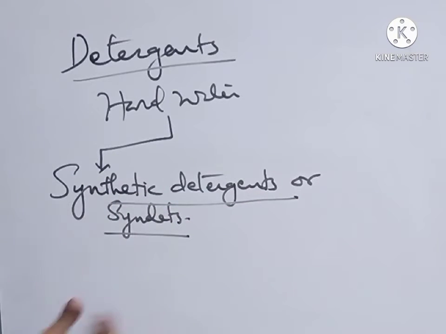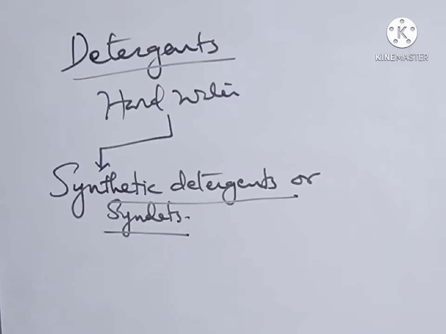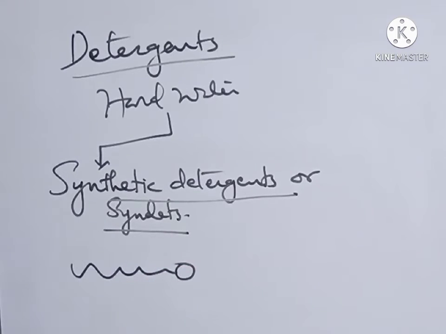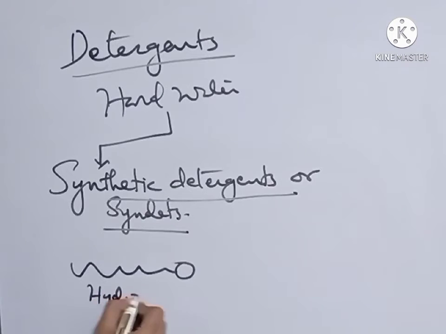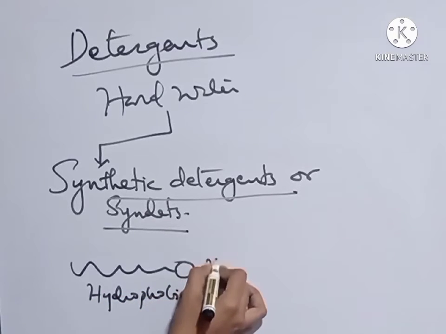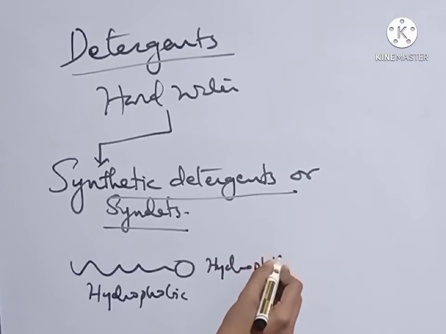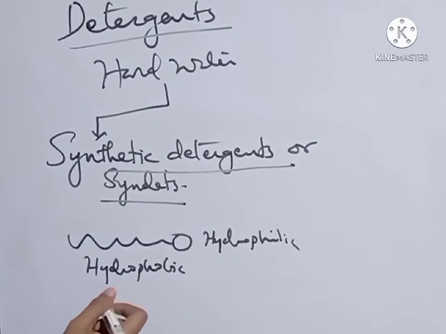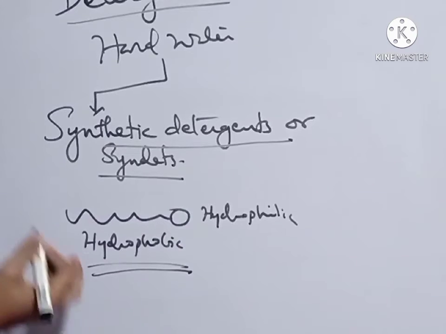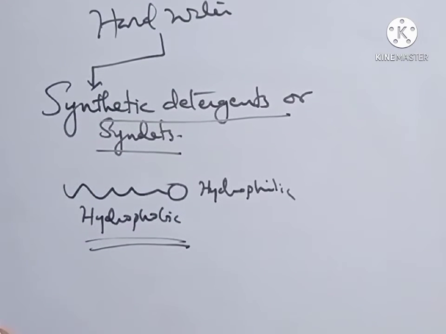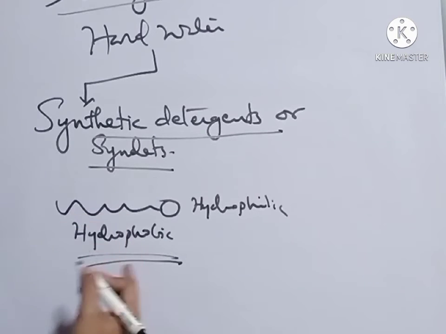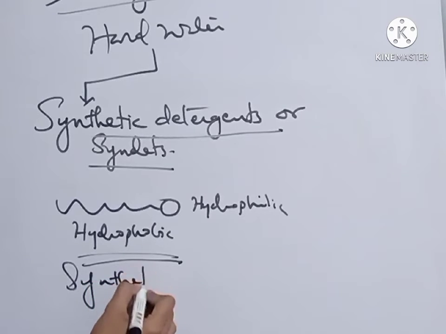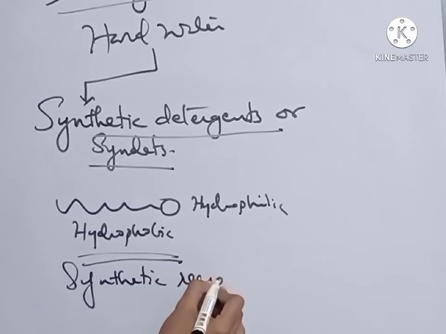If we talk about the structure of synthetic detergents or synthets, they also contain a hydrophobic part and a hydrophilic head, that is, non-polar and polar parts. But the difference from soap is that the hydrophobic part in soap is either natural oil or fat. But in synthets, instead of natural oil or fat, we use synthetic reagents, synthetic materials.